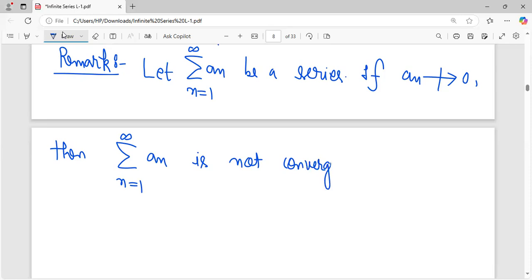Because if a series is convergent, then the nth term always tends to 0. If you know that for a series the nth term is not tending to 0, that series cannot be convergent.